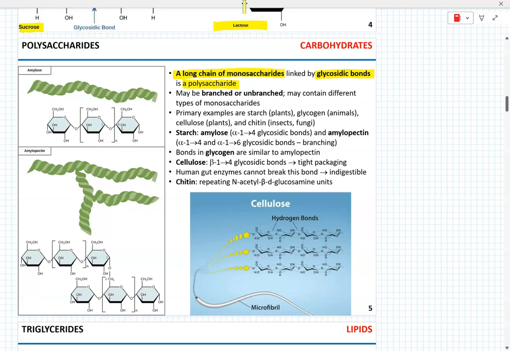These polysaccharides can be branched or unbranched and may even contain different types of monosaccharides. Main examples of polysaccharides are starch, which consists of amylose and amylopectin. You can see that the difference between the two is mostly in the fact that amylopectin is a branched molecule, while amylose is not.